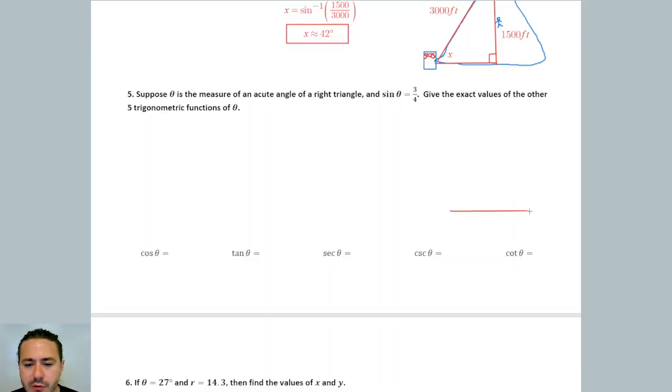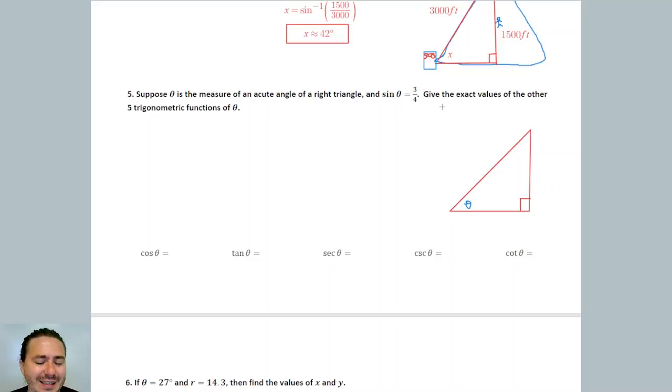So here's a right triangle. You don't have to worry about drawing it to scale or anything. I'm just trying to get a feel for what these side lengths are going to be. So let's say this is theta right here. It doesn't really matter because this is all going to be relative to that angle, and sine of theta is 3/4.